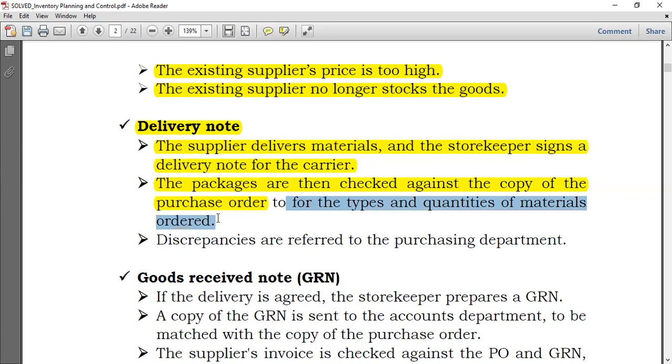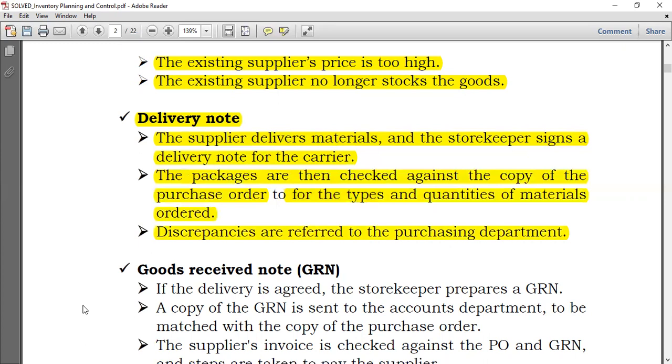You could have ordered one thing and received a different thing, so you have to check that. Discrepancies are referred to the purchasing department, so they can be made aware that you ordered this, but actually a different thing has come, or maybe materials have been insufficient.